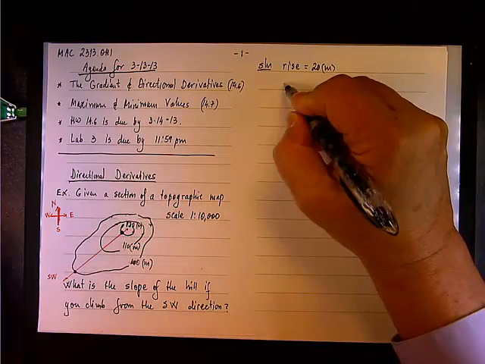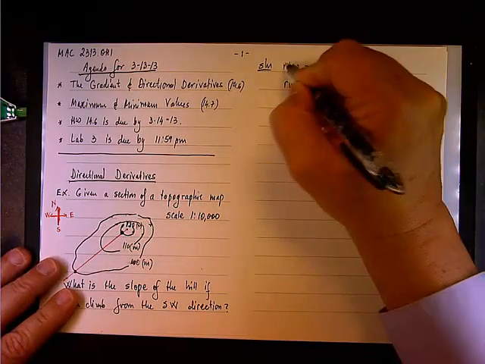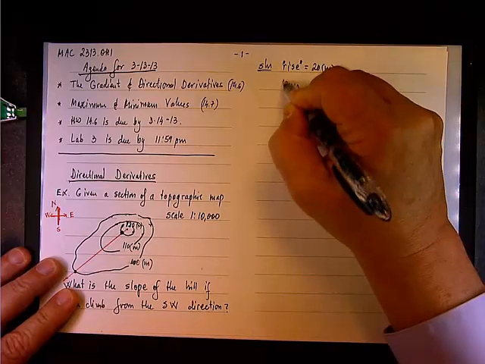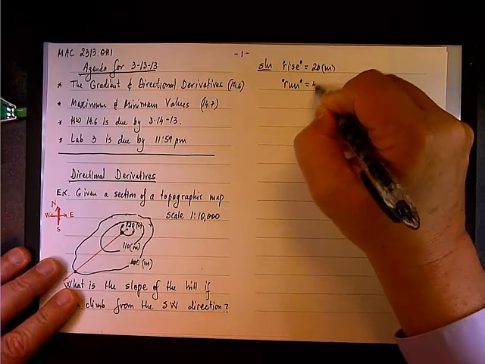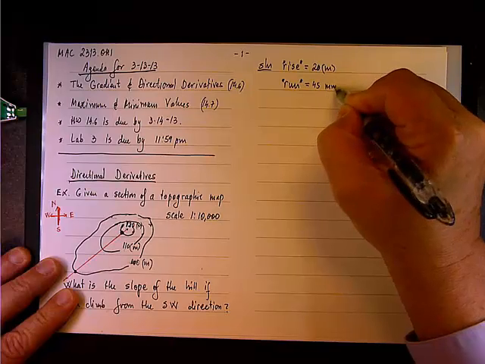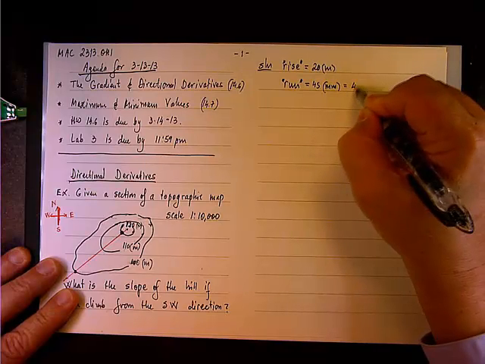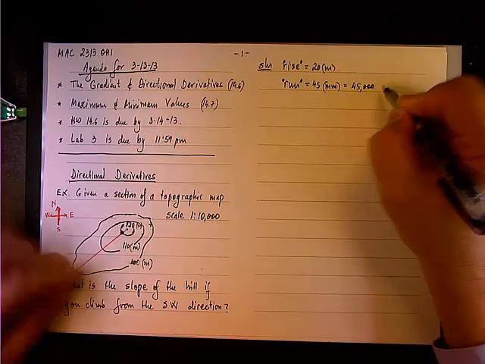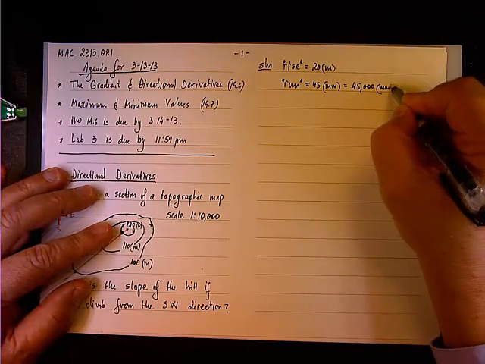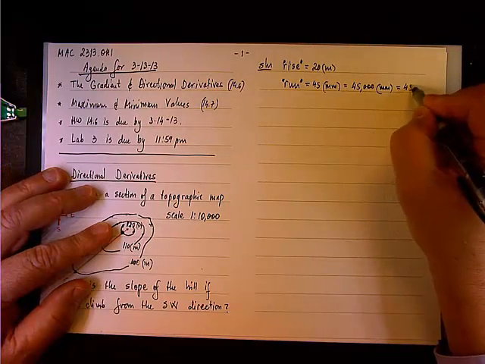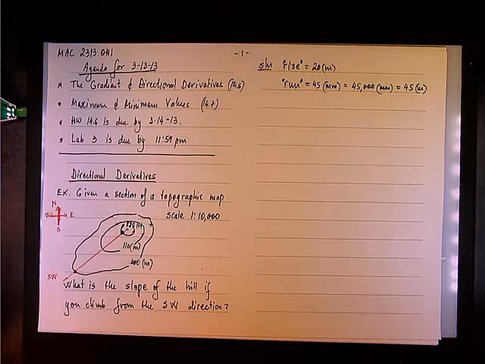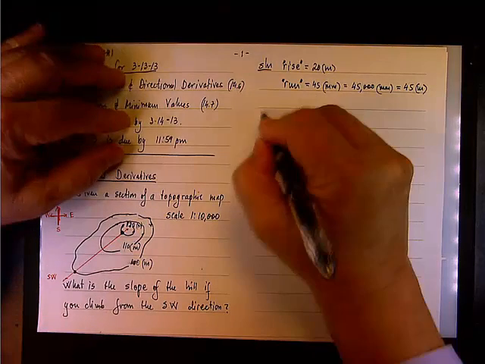It's not about, it's exactly 45 millimeters. So the run equals 45 millimeters, which translates to 45,000 millimeters, which equals 45 meters.